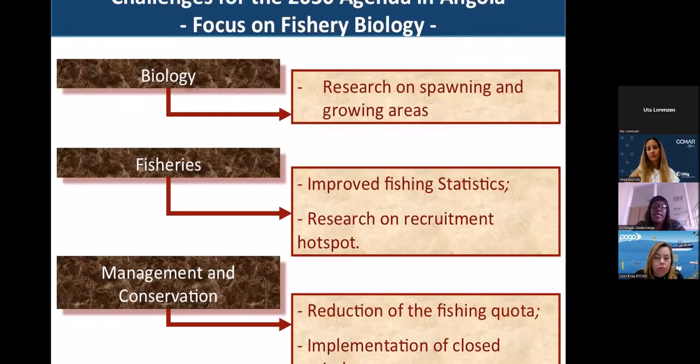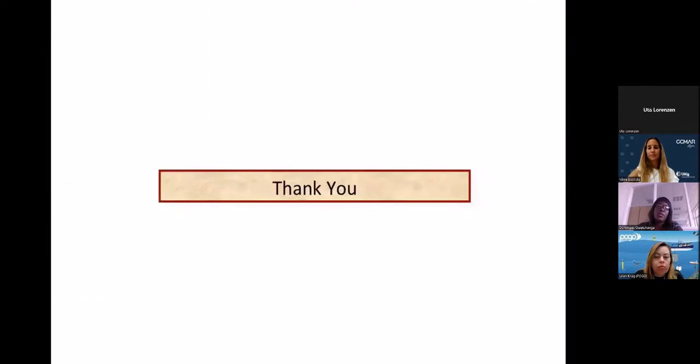And as it happens with other small pelagic fish, more specifically to implement the closed period for both species, especially in the spawning periods. So this is what I had to say about the challenges for the 2030 agenda for both Sardinella species that occur along the Angolan coast. Thank you.